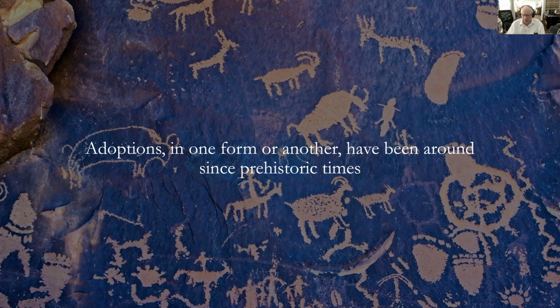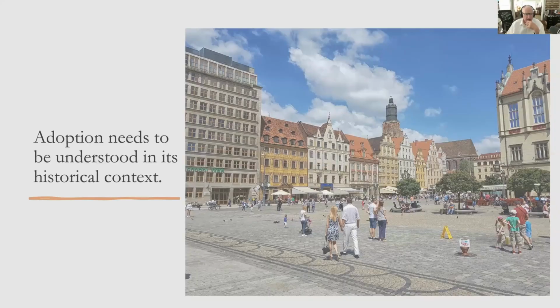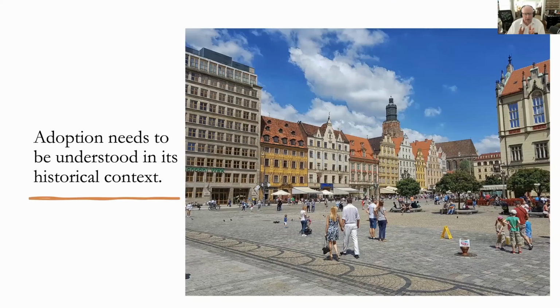The question, of course, from a genealogical standpoint, is were there records kept which would discriminate between a child born in the family, a multiple birth, or an adoption? That's always going to be an issue depending on the place and the time. It helps to understand that adoption, like everything else in genealogy, needs to be understood in its historical context.